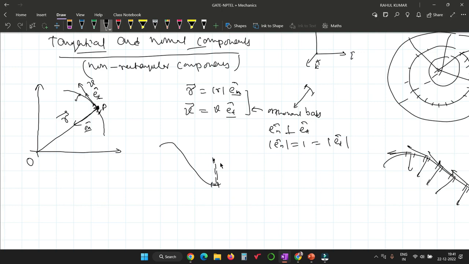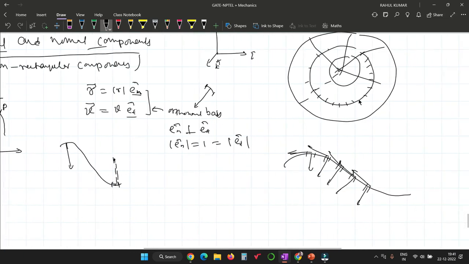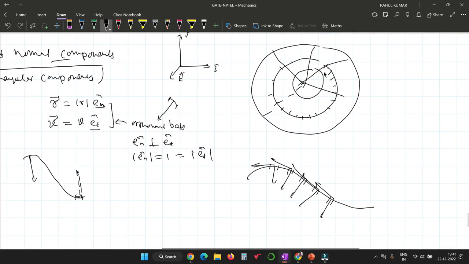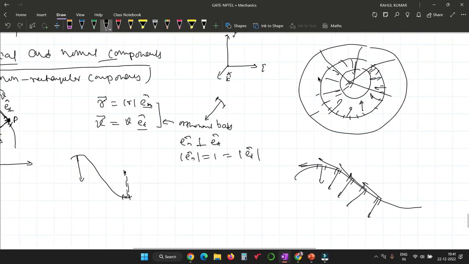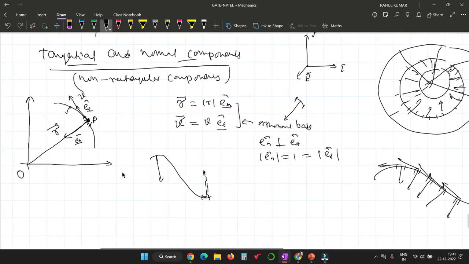In curvilinear motion, there is nothing like origin. So at each interval of time, the En will intersect at a different point. But in polar coordinate, En is always intersecting at a common point, whereas in curvilinear, the En vector doesn't always intersect at the same point.